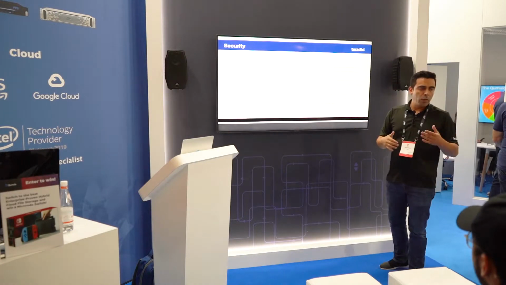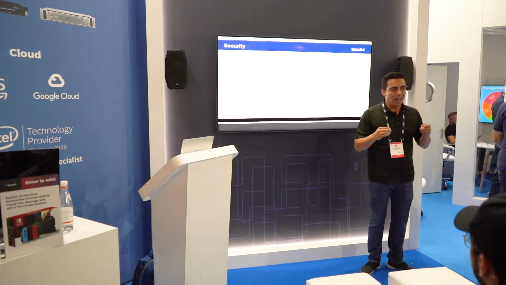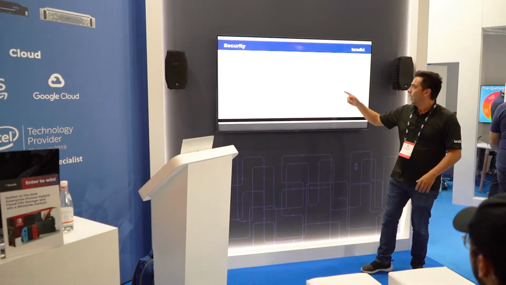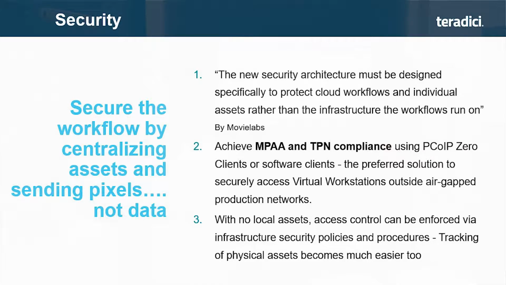To achieve those principles, there are security standards like TPN and PAA, which allow using technology like our endpoint technology, zero clients, to decode the technology from the cloud, which is really interesting because everything that is transmitted is not data, it's just pixels.